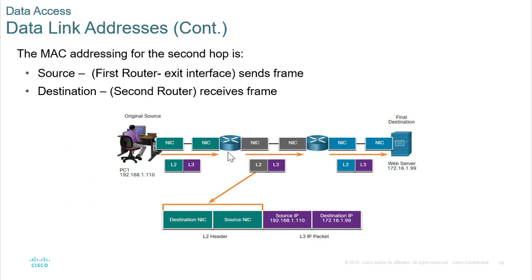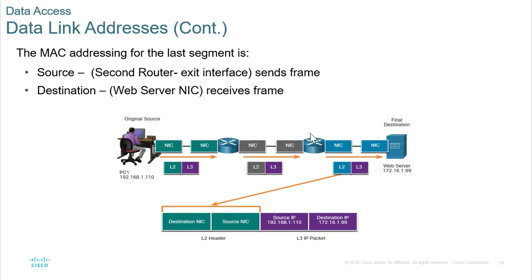So what it does is change the source and destination physical address: the source physical address from that of PC1 to that of this interface, and the destination physical address from this interface to the interface of the next router.